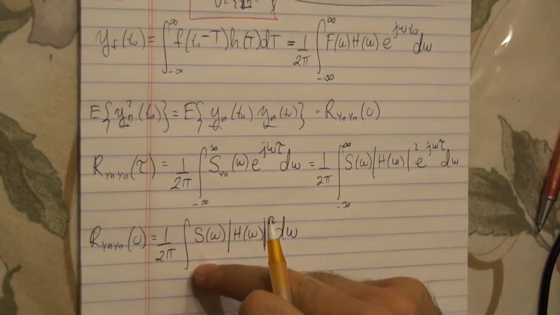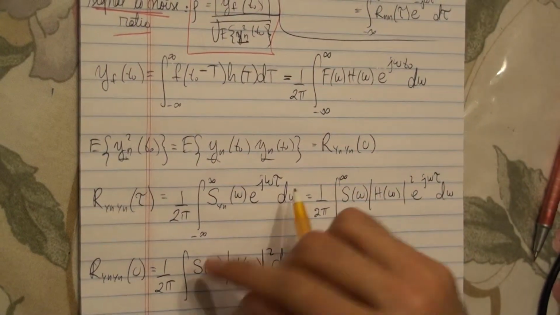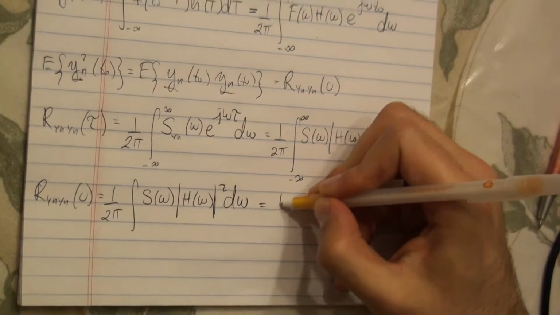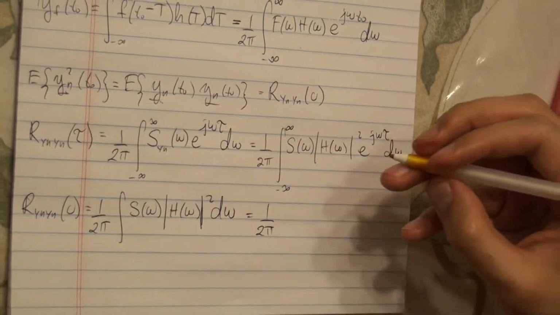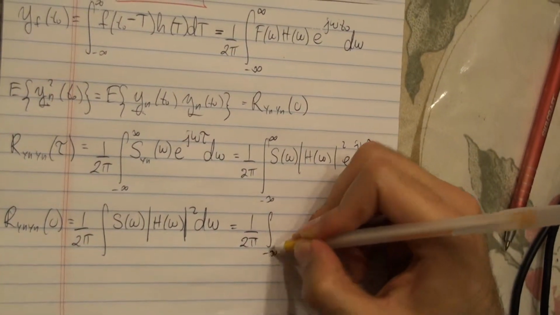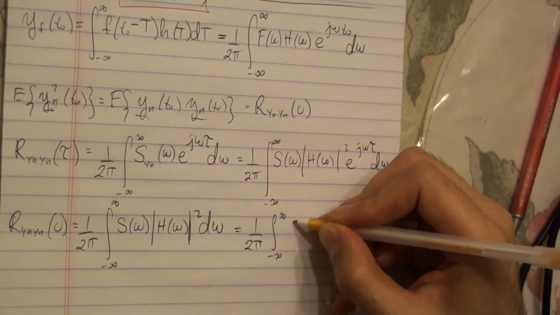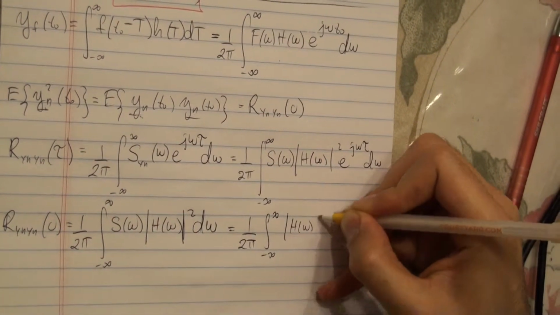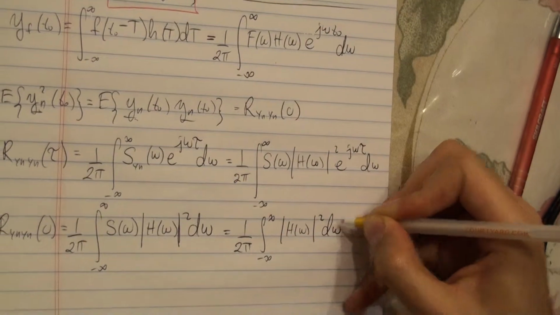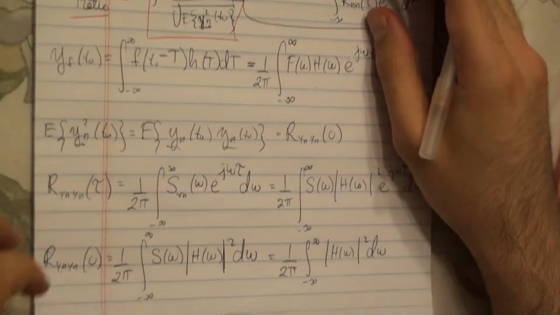But we know that because n of t has unit spectral density, this just becomes 1. So we are just left with this. By the way, the limits here are the same, I just got lazy. And this is equal to this, so we have the second piece.